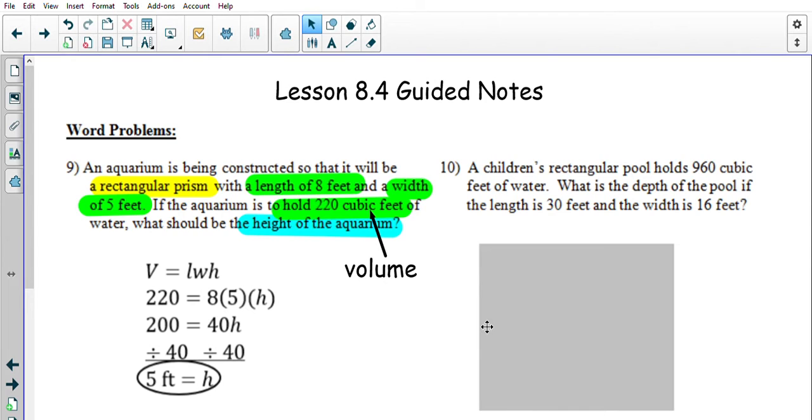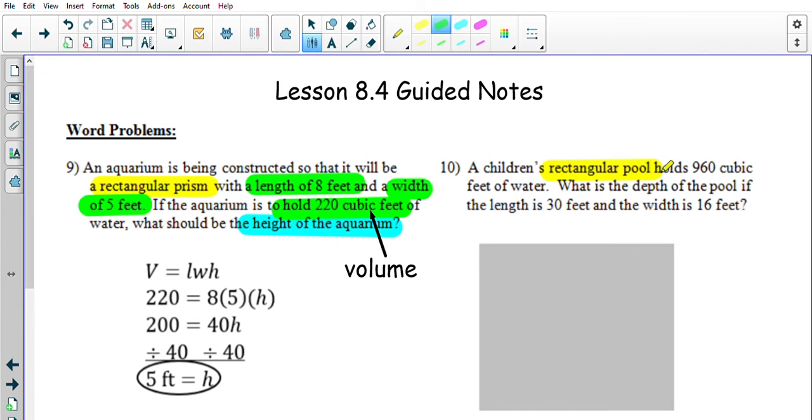So number 10 is very similar to number 9. So if you want to try one of these on your own, number 10 would be a good problem to try. It says, a children's rectangular pool holds 960 cubic feet of water. What is the depth of the pool if the length is 30 feet and the width is 16 feet? Once again, we're talking about a rectangular pool, and it's three-dimensional, so we're talking about a rectangular prism.